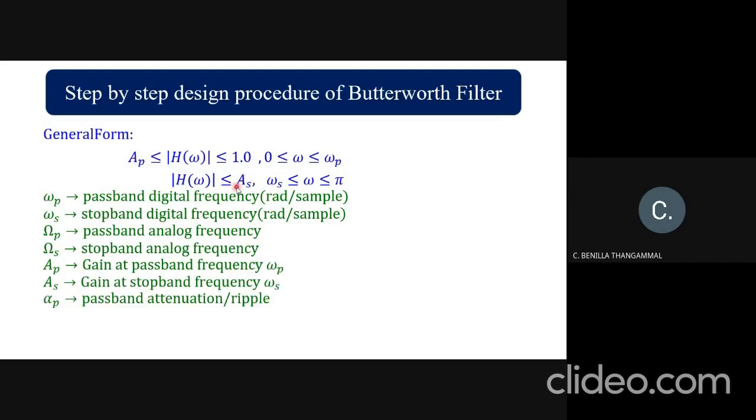Suppose they give the gain in terms of dB, then it's going to be αp and αs, the passband and stop band attenuation or ripple. The final one is T, which is nothing but 1 by Fs, where Fs is the sampling frequency. So when you start your problem, you have to get Ap, As, ωp, ωs, and then T.